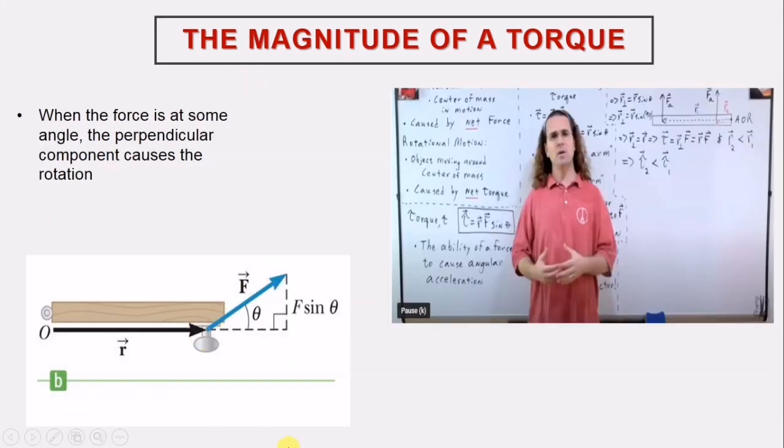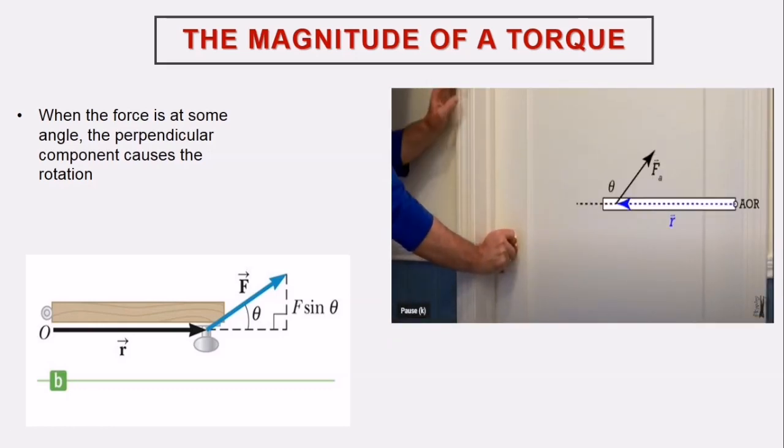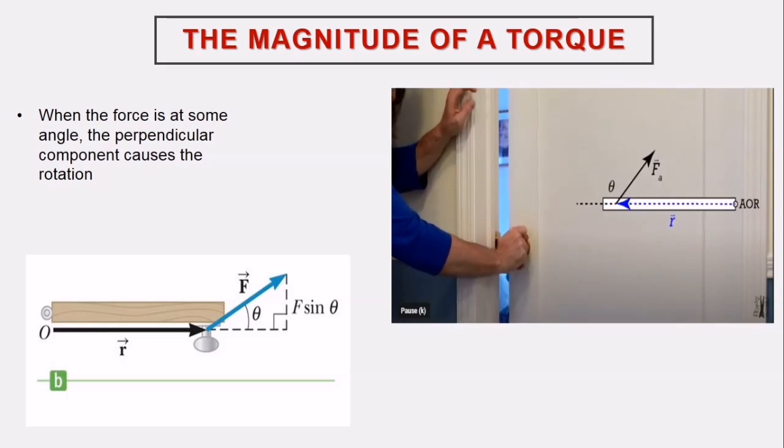Now let's say, girls, that you are applying a force that is not perpendicular and not parallel. You are applying a force at an angle like this. The thing we have learned to never do to try to open a door is to push at an angle like this. Why will we never try to open a door by pushing at an angle?